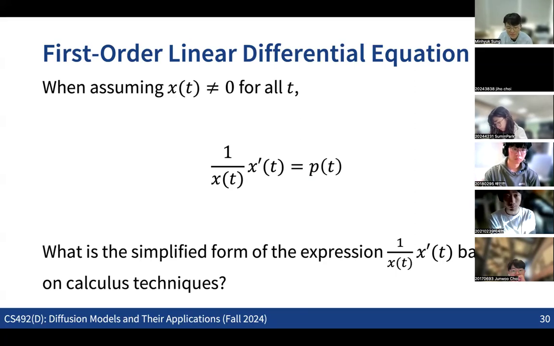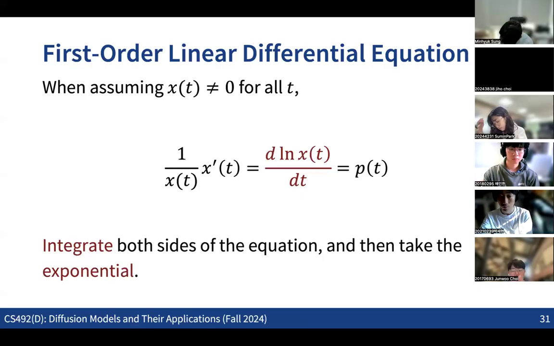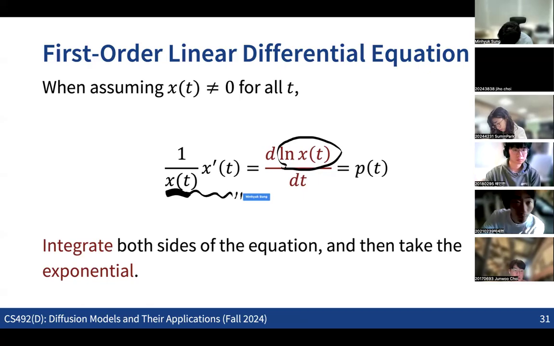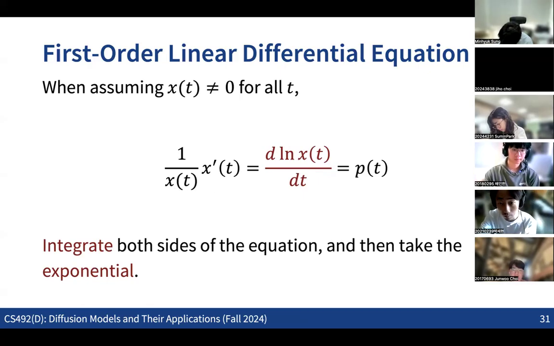Based on your memory from the calculus course, we can see that if we have the log function, log of x_t, and we take the derivative of this log function, then it becomes the same as this, right? We first take the derivative of the log of x_t, so that becomes 1 over x_t, and the remaining term is the derivative of x_t itself. So the left-hand side becomes identical to taking the derivative of the log of x_t, right?